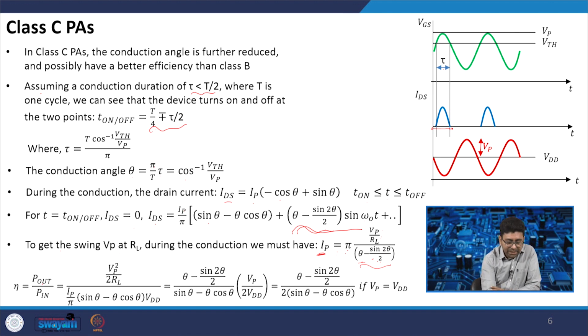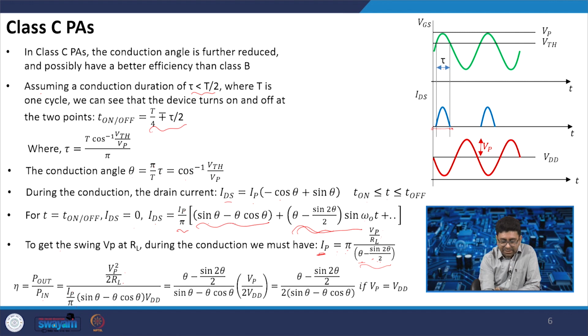Now we write P out by P in. P out is nothing but Vp square by 2 RL, and P in is Ip by pi into sin theta minus theta cos theta into VDD, that is this DC term.